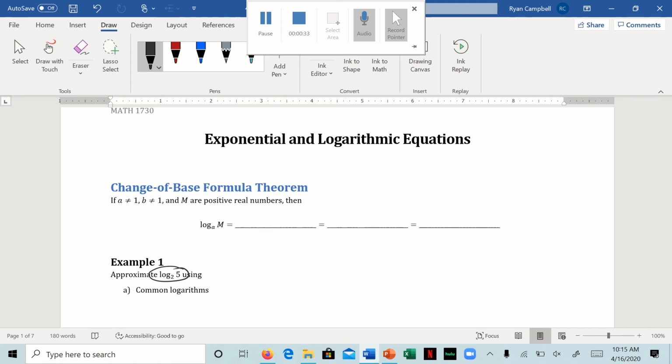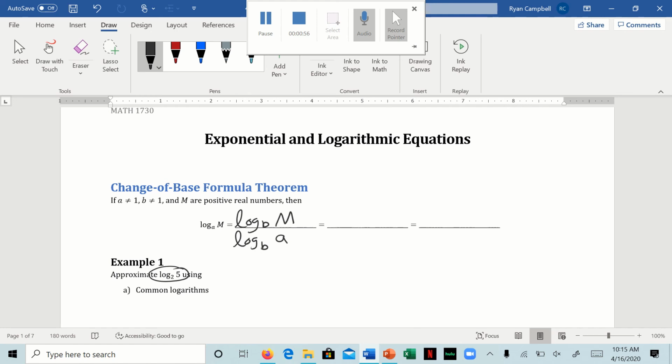Basically, if you have log base a of m, that's the same as log of any base of m over log of the same base of a. Now, how can that be helpful?